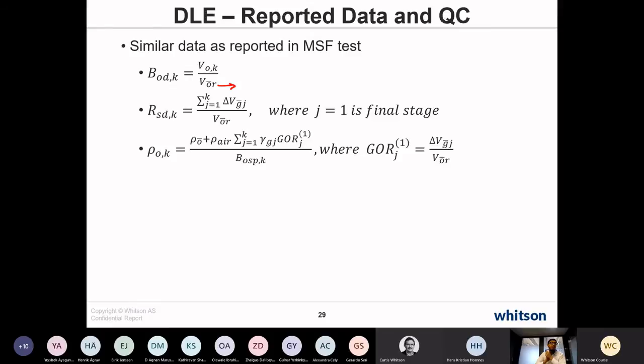I will have one measurement from the separator test, one measurement or calculation from the DLE at the bubble point, and one from the CCE test. What I have seen in almost all reports is that all these three values are almost always identical. So there is no difference in the lab reported value. So what do you do when you see the differences in the lab?